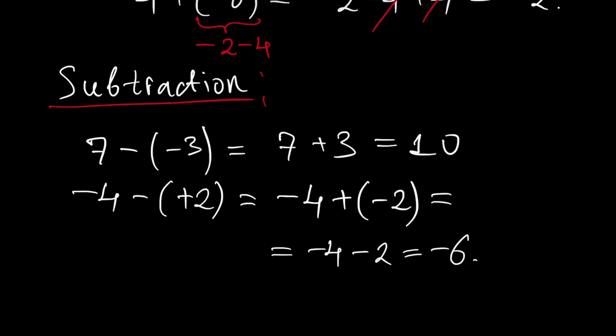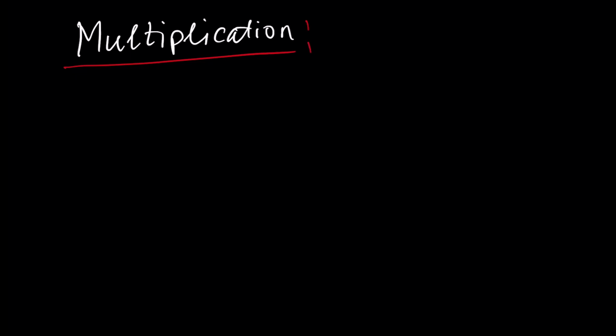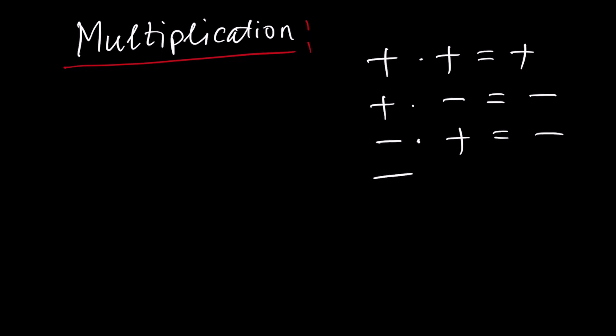Next, let's talk about multiplication. Multiplication of numbers with different signs. We have a very famous table. Plus times plus is equal to plus, plus times minus is equal to minus, minus times plus is equal to minus, and minus times minus is equal to plus.